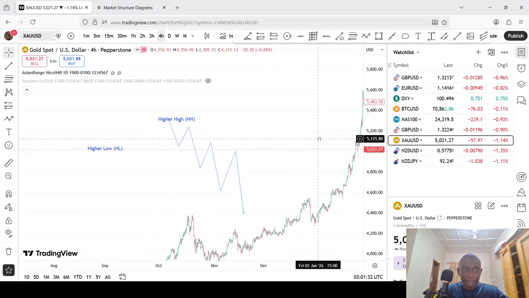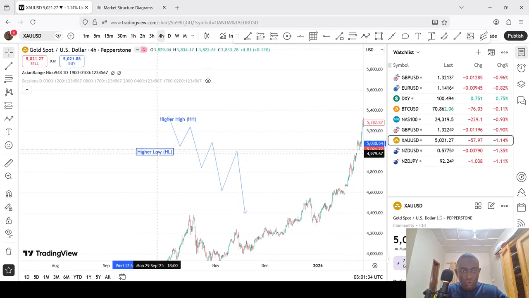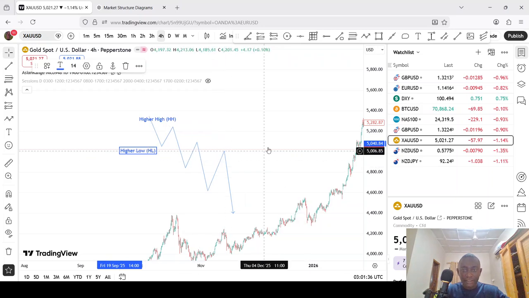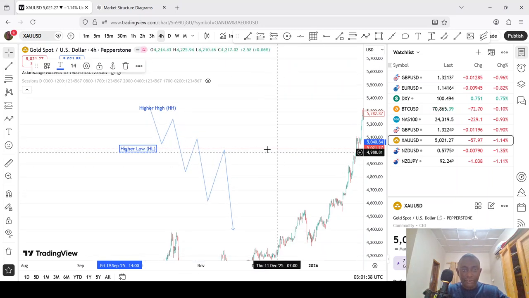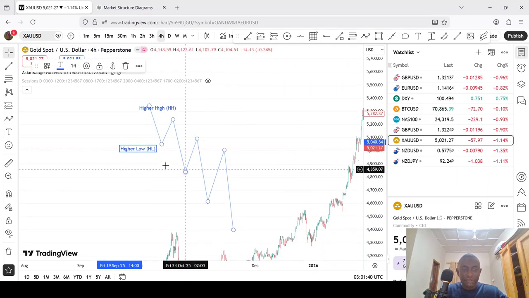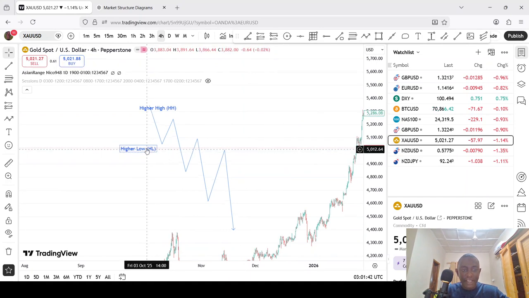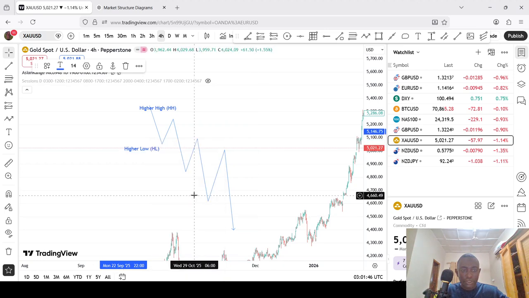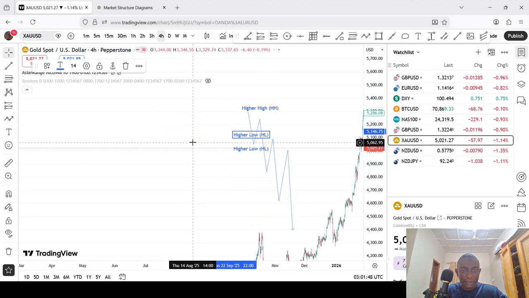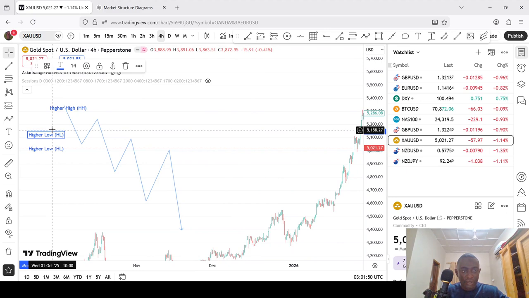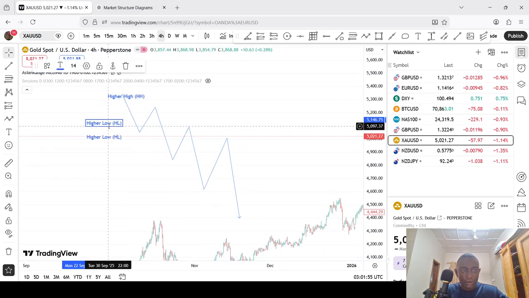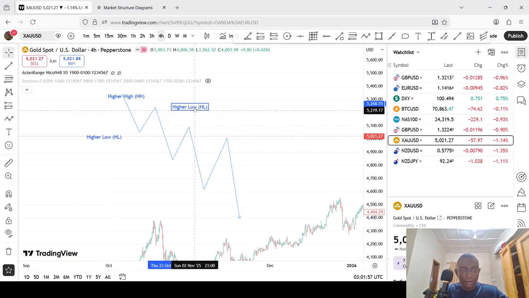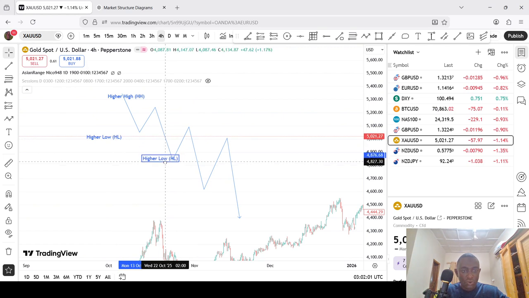Okay. So in this manner, this is for a downtrend. For any downtrend, you have these higher highs and the higher lows. Let me clone this one again. So the same thing goes on and on.